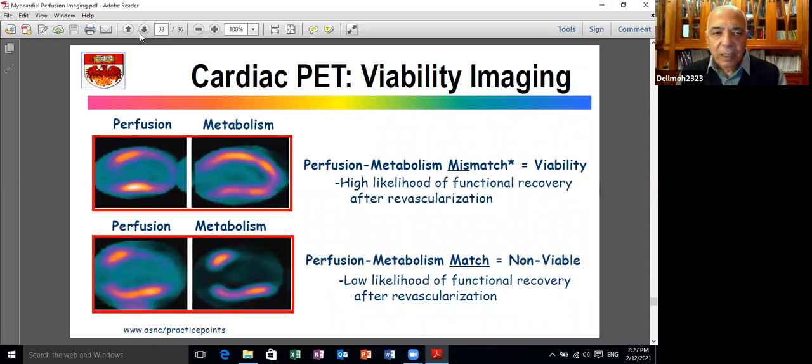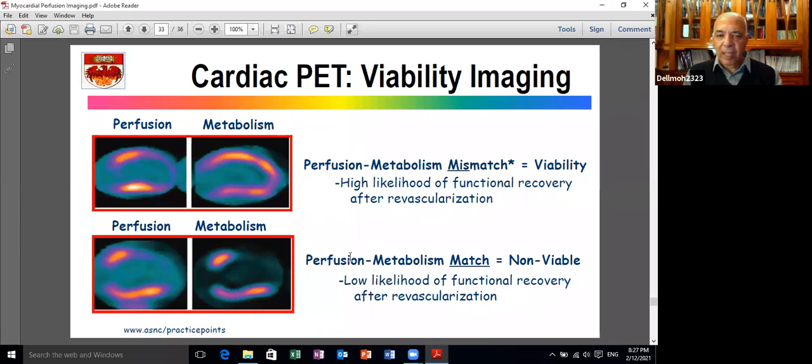Now, as you see here, a perfusion metabolism mismatch means there is viability. If you have a significant amount of the myocardium, 20% or more, or 5 segments or more in the 17-segment model, then there is a high likelihood of functional recovery after revascularization.